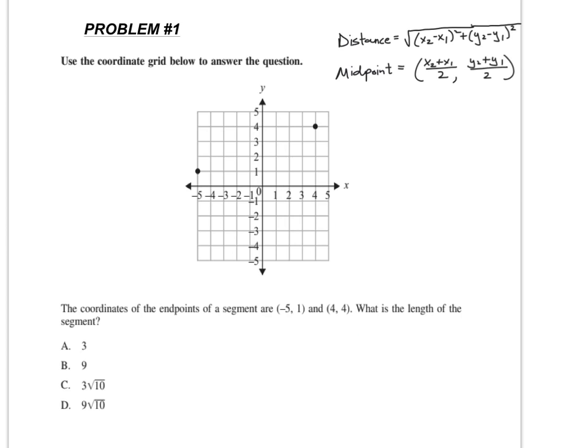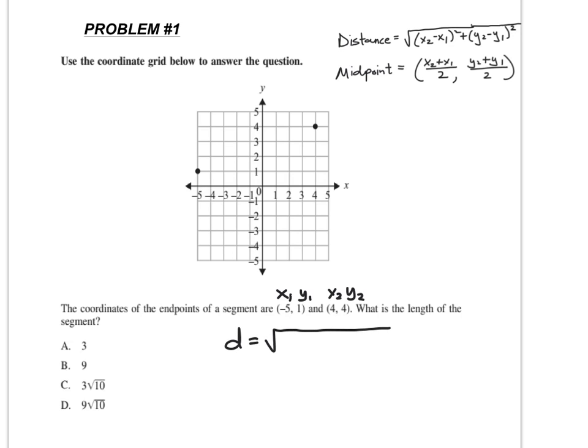So what I'm going to do here is label this ordered pair here as x1 and y1. And then we're going to go x2 and y2. And all we're going to do now is substitute those two ordered pairs into the distance formula.